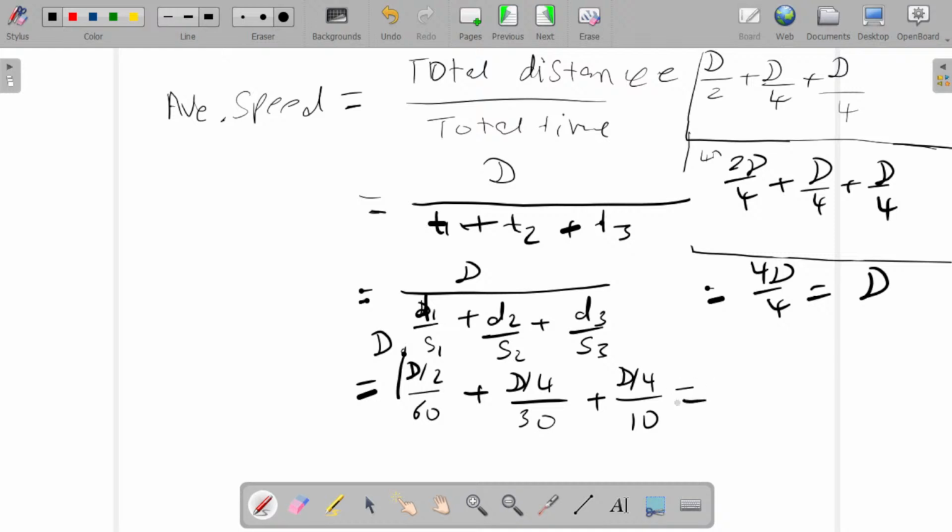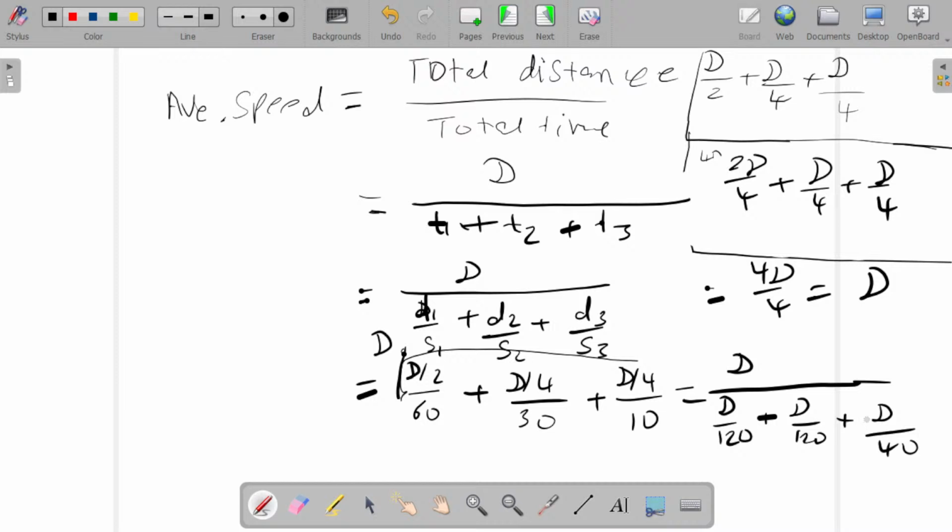So we go further. Here the whole term is divided by d. So let me write d here. So we simplify it. d by 120 plus d by 120 plus d by 40. Here we take the LCM to make the denominator the same.